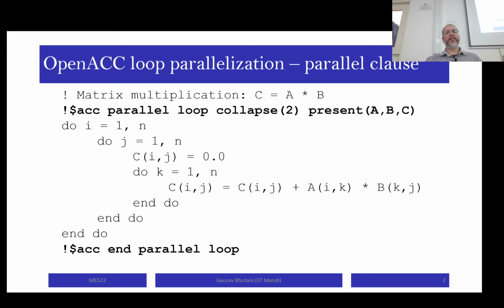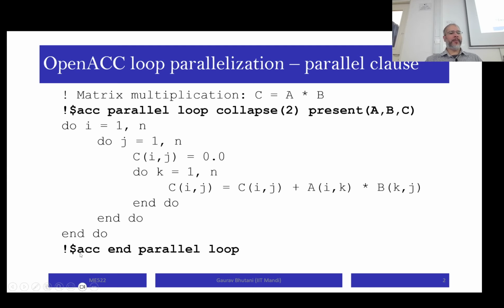So this is telling the compiler that the matrices are already present on the device, so there is no need to copy. If we don't specify this statement, depending on the kind of compiler you have, it may try to copy the information first, and that would take extra time. If you already know, it's always recommended that you copy the information manually, but this statement explicitly tells the compiler they are present, so there is no need to copy from the host to the device.